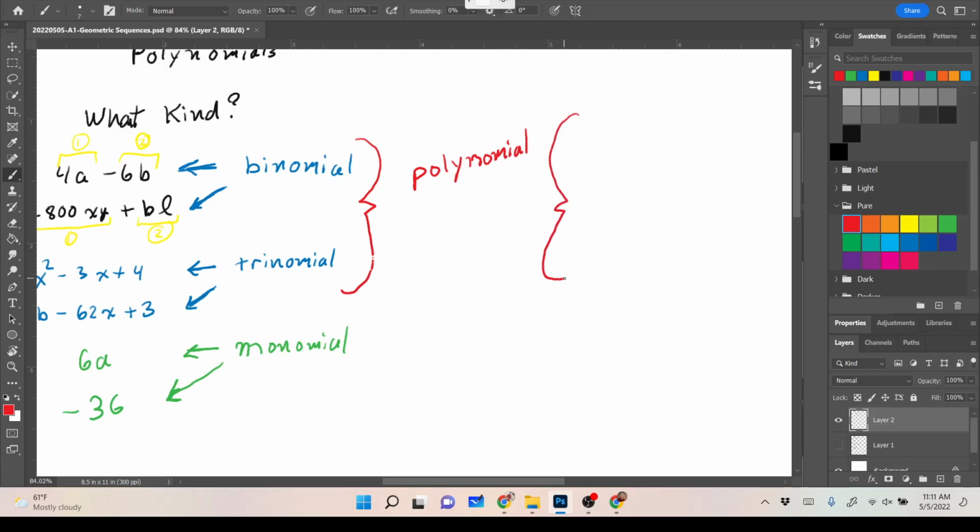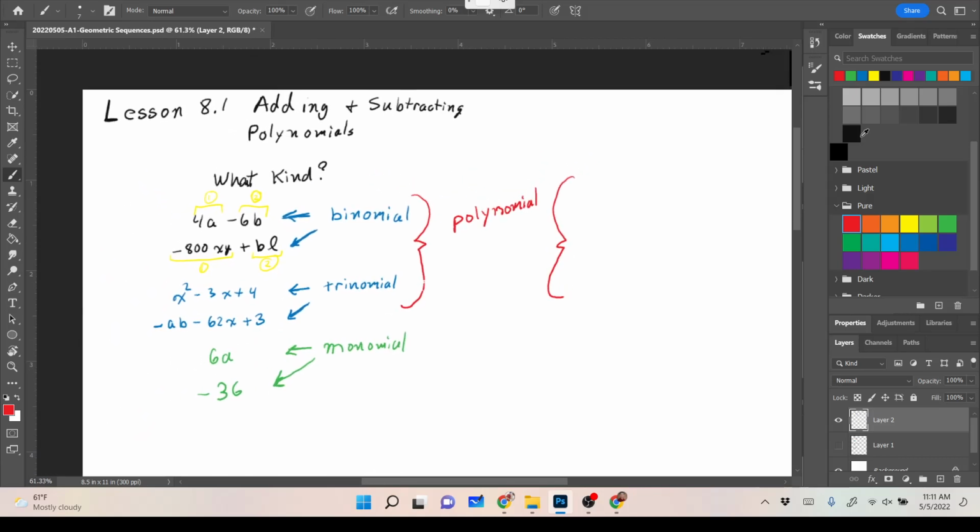These are also polynomials. What's that called? It would be a four-termed polynomial. So anything that has more than one term is a polynomial?